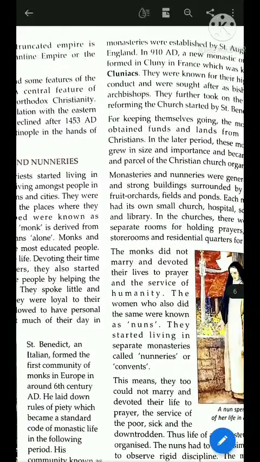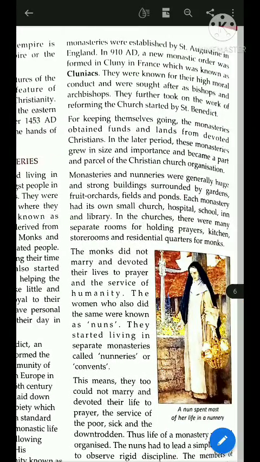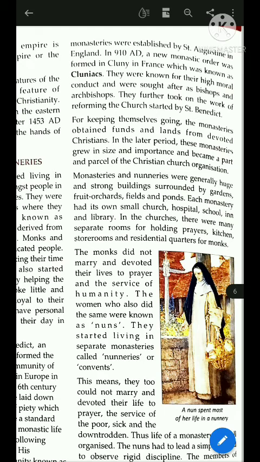Benedictine monasteries, the living places of these monks, were established by Saint Augustine in England.